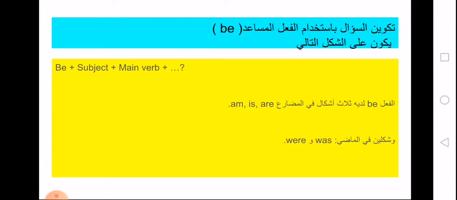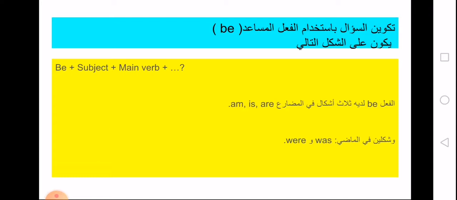Sometimes we use the verb to be to make a question. What is the verb to be? In the present, we say am, is, are, or in the past we use were or was.